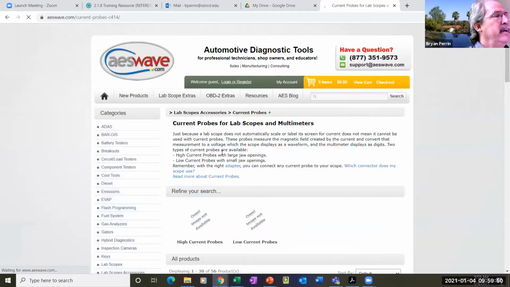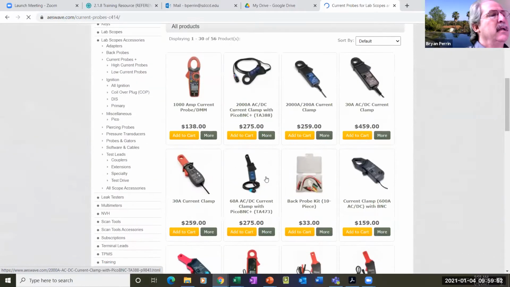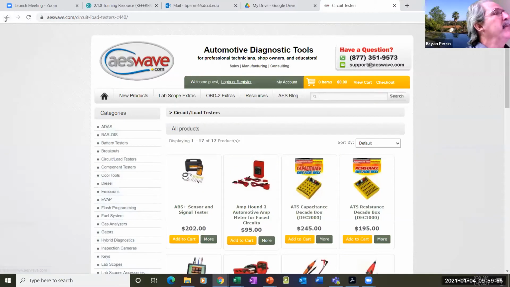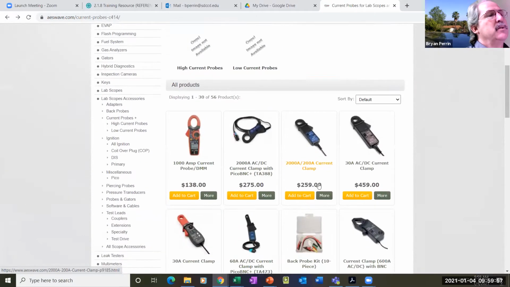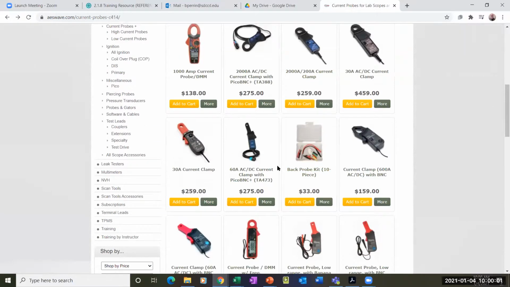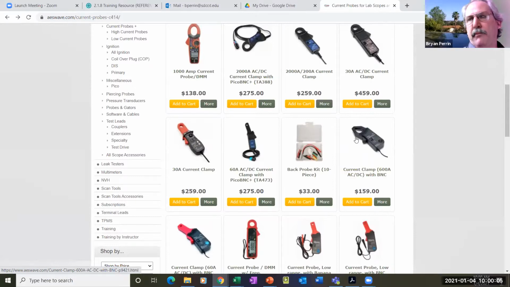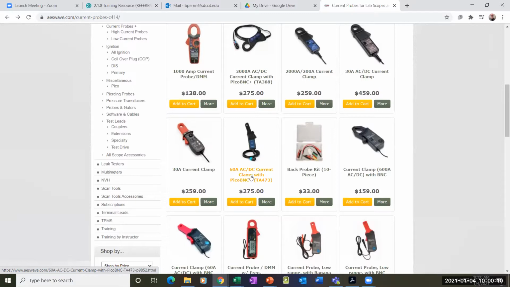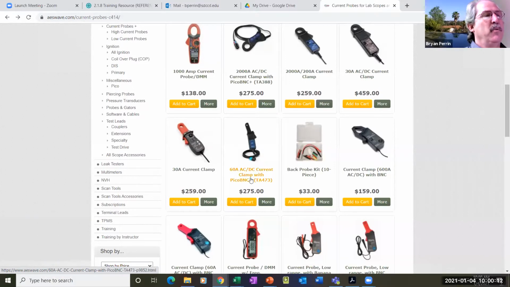There we go. Let me back up. Can everyone see this? Yeah, we can. Okay, so you can see the bigger ones, like here's a 600 amp clamp right here, Warren. That's what I usually worked with. Right, and over here you can see one that's a 60 amp. Oh, this one is AC and DC, so that answers your question.